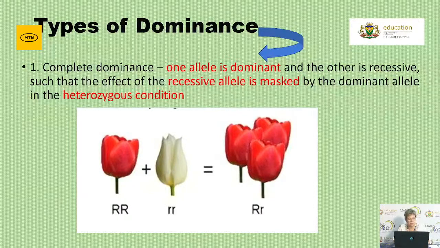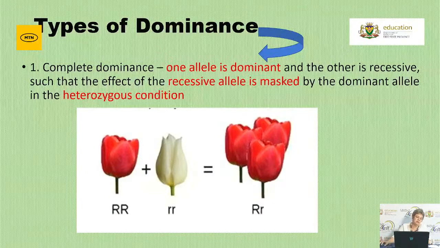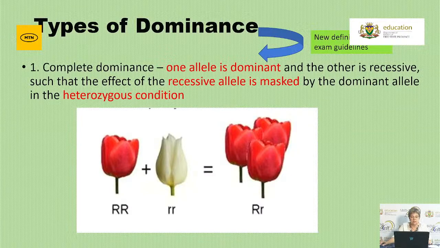The definition of complete dominance is that one allele is dominant and the other one is recessive in such a way that the recessive allele is masked by the dominant allele, and then you have to add in the heterozygous position, because that is the new definition in our exam guidelines.